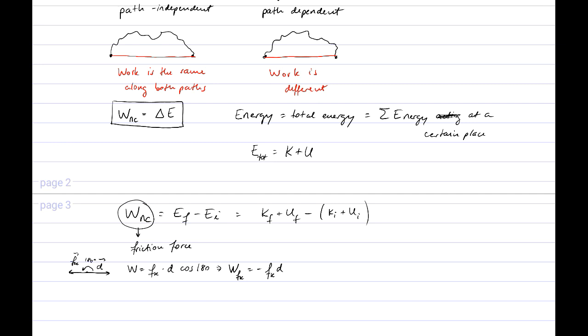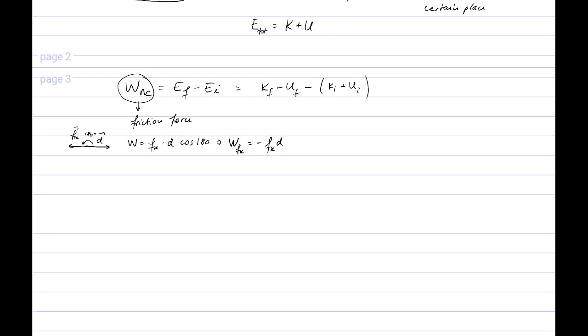So putting all of this together, we would have for a system in which there is friction, negative Fk d is going to be kinetic energy final plus potential energy final minus kinetic energy initial minus potential energy initial. Now, in the absence of friction, which is what the example was before, there are no non-conservative forces acting, so that means that we have conservation of energy.